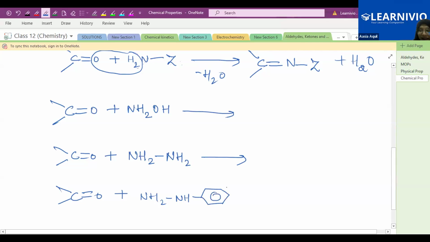This is your phenyl hydrazine. We call this a phenyl hydrazine. Now quickly write down the product.